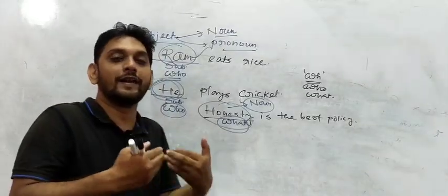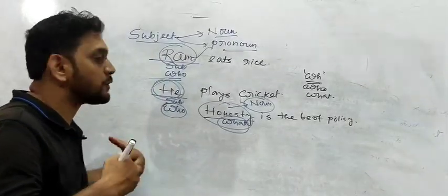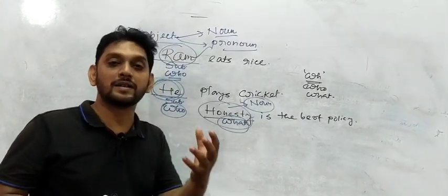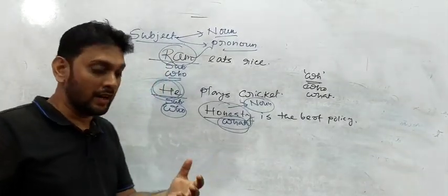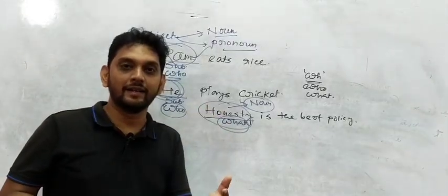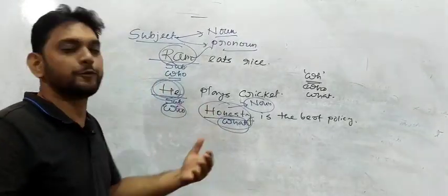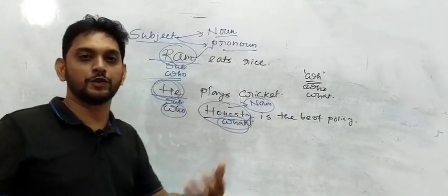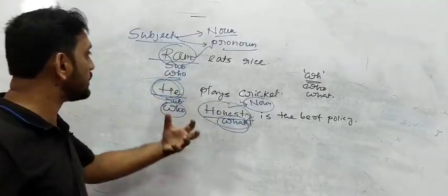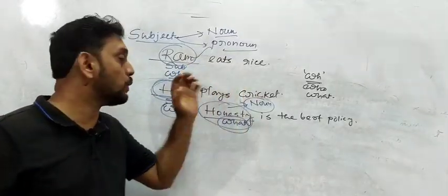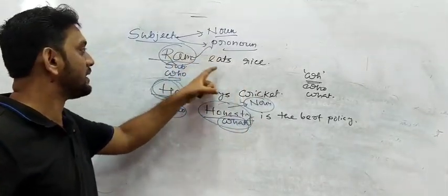Or you can define it like this: the subject of a sentence is the person, place, or idea that performs an action or is being described. Here you can see, Ram eats rice. Who does this? Who does the action in this sentence?